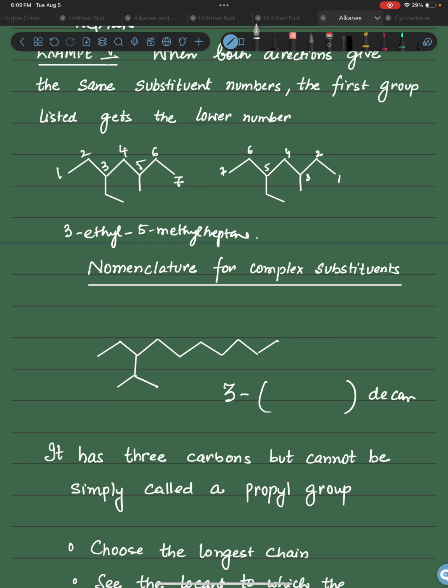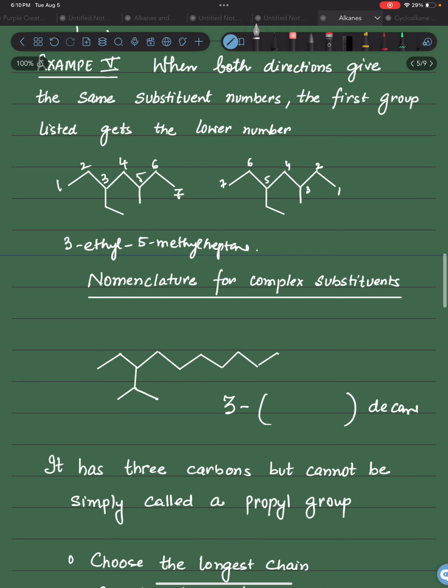Now, what should be in the parentheses? How would we write it? We write it by numbering the carbon that is connected to the parent chain. This is the parent chain. The carbon of the substituent which is connected to the parent chain should always be given number 1. So give this number 1, then this is 2.